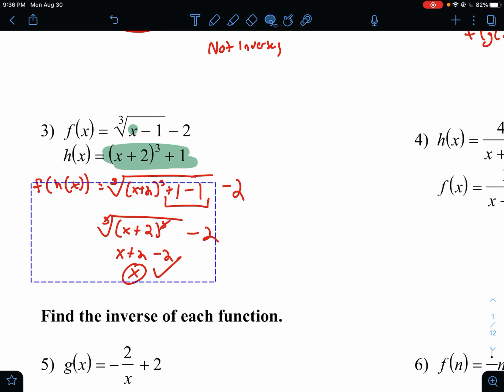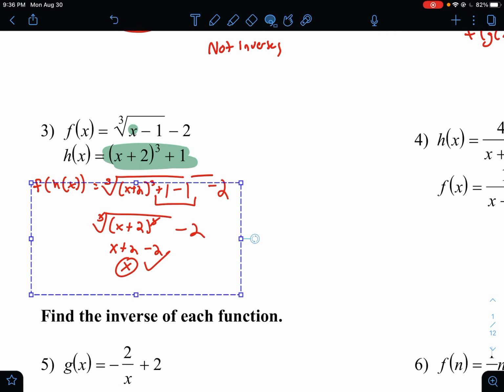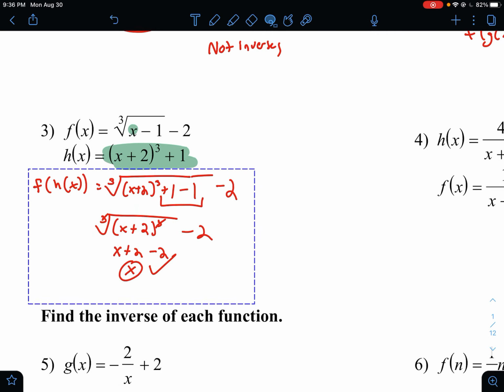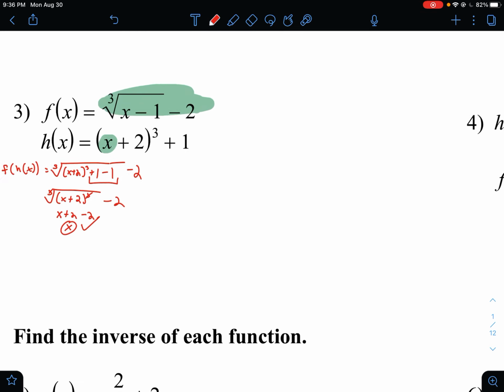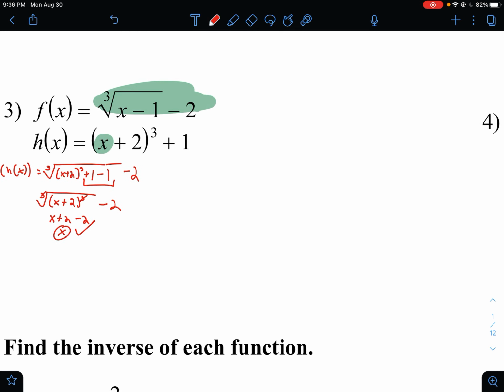Let's keep working and check the other guy. So, oh, cool. We are going to take f of x and plug it into h of x. All right. So I'll say h of f of x equals, and I'm going to do open parenthesis, and then within parentheses, plug this ugly guy in.